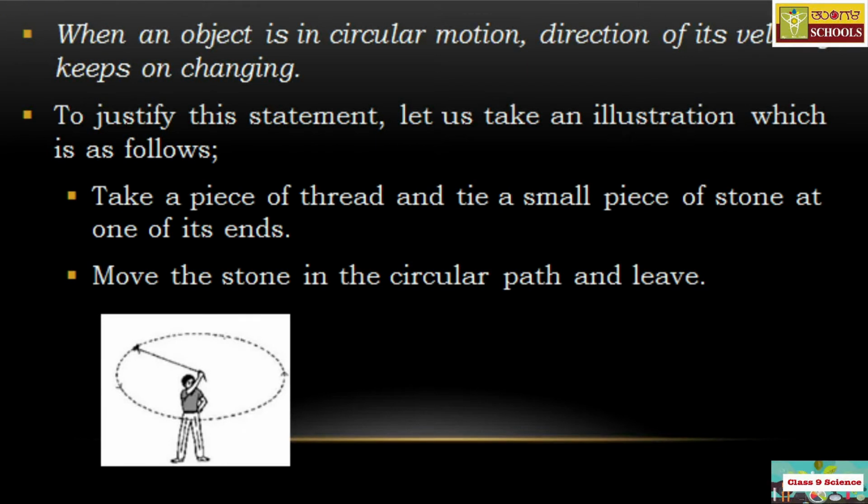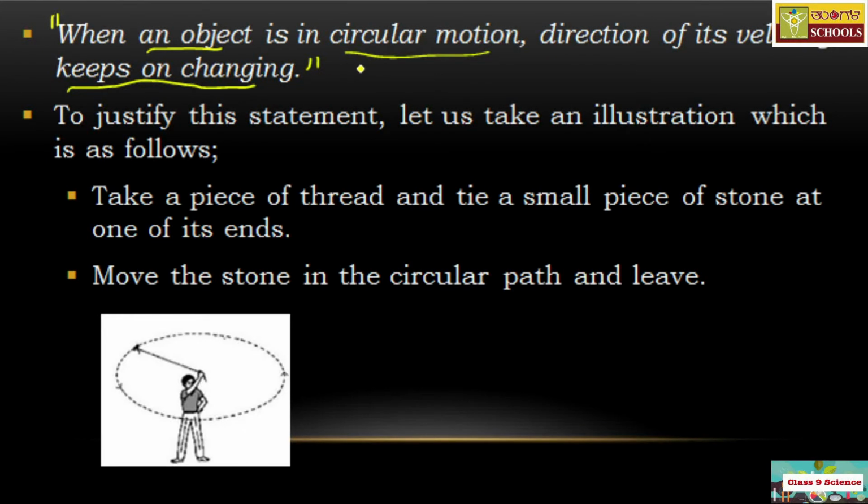We have one more point here, that is when an object is in circular motion, the direction of its velocity keeps on changing. Now we call the speed velocity because we are counting the direction. So the direction of velocity keeps on changing.